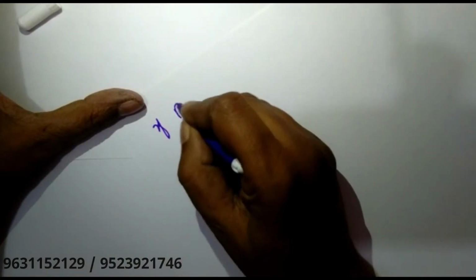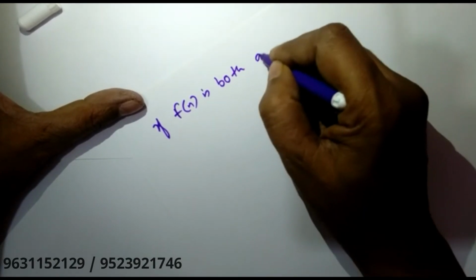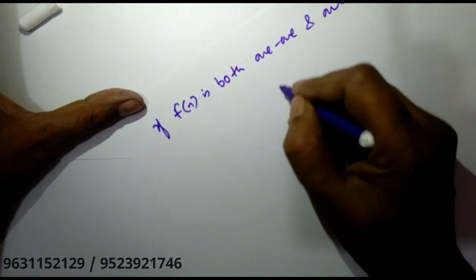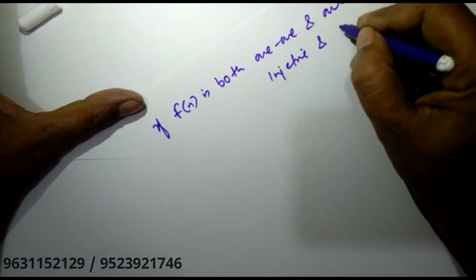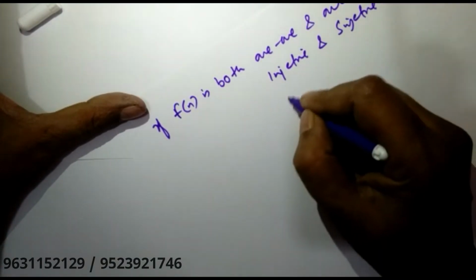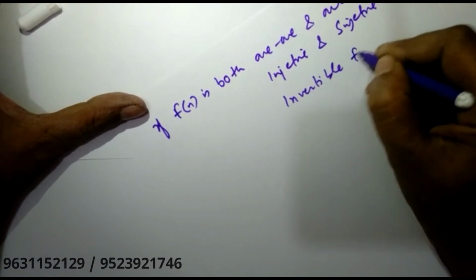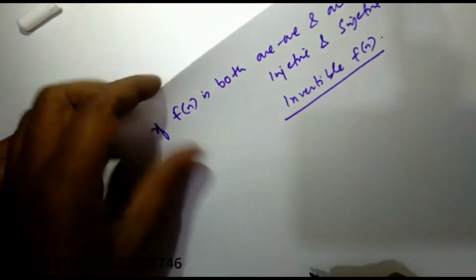If a function is both 1-1 and onto, that means injective and surjective both, then the function is called an invertible function. Invertible function is a function which has its inverse.